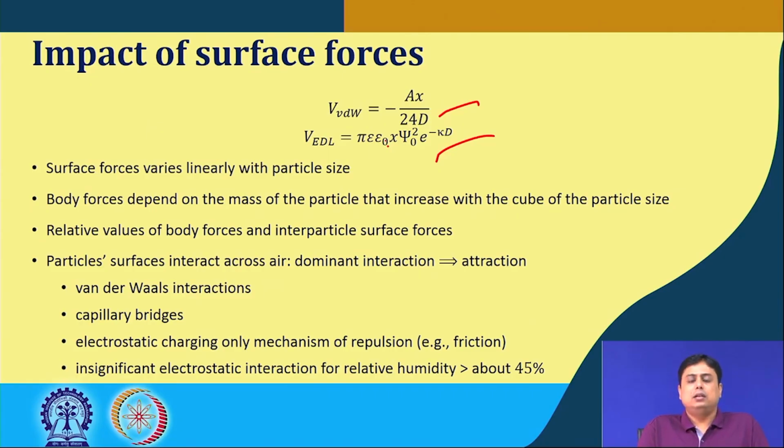The only mechanism for repulsion is electrostatic charging, and that can be caused, say, by friction. Solid particles are in motion, say in a vessel or a chamber, and during rotation we can have friction, which can induce static electrostatic charges.